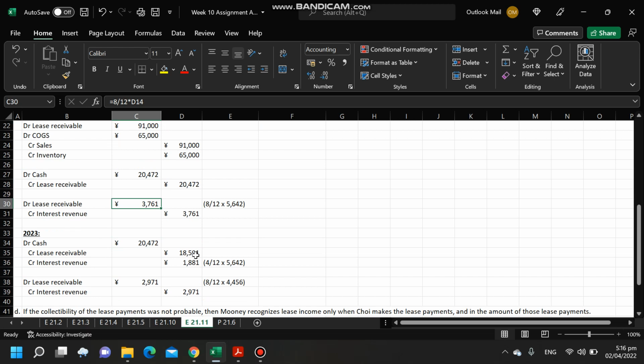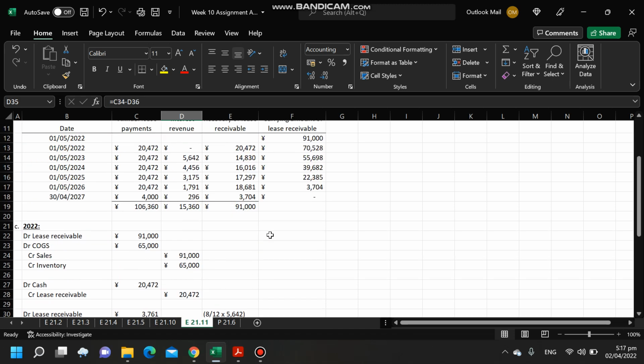For 2023, we will record the payment, which is debit cash 20,472. We will continue the interest revenue from the previous period, so only 4/12 of 5,642, because the company Muni doesn't use reversing entries, so we need to calculate the 4/12 instead of just reversing the entry.